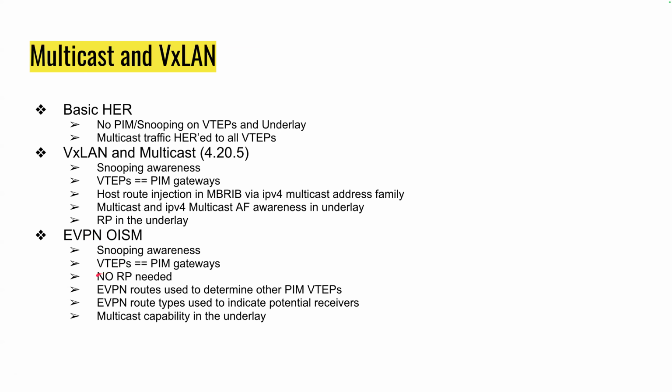This is the main thing, because in normal L3 multicast we require an RP to know where the sender and receivers are. That's not the case here. We will use the EVPN routes to determine where the potential receivers are, and which other VTEPs are doing EVPN multicast. Any doubts until here?